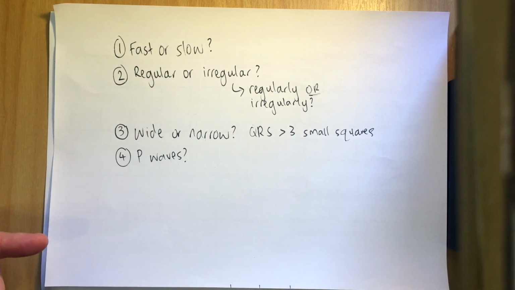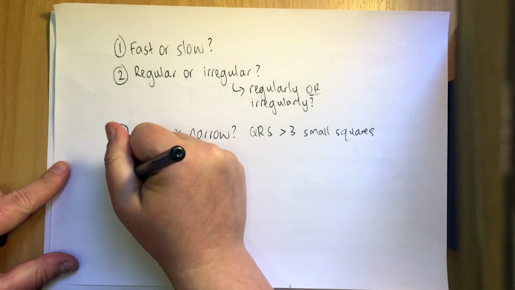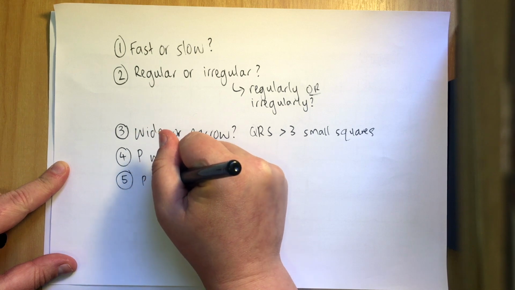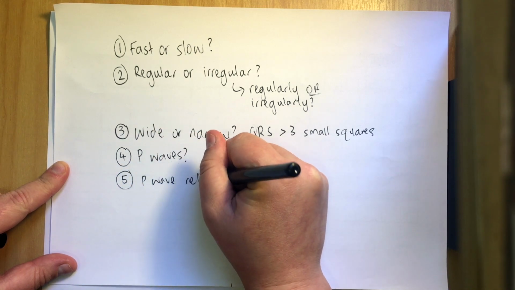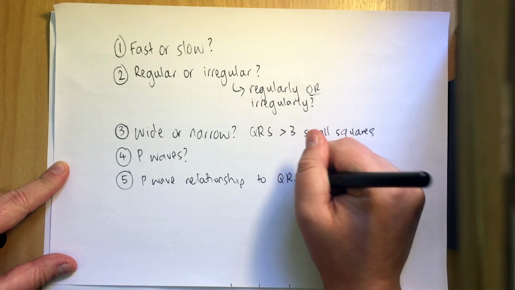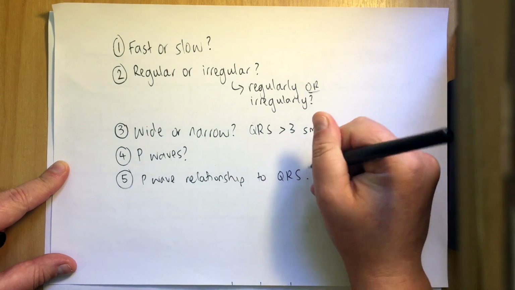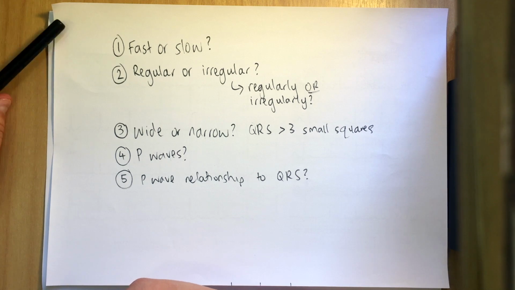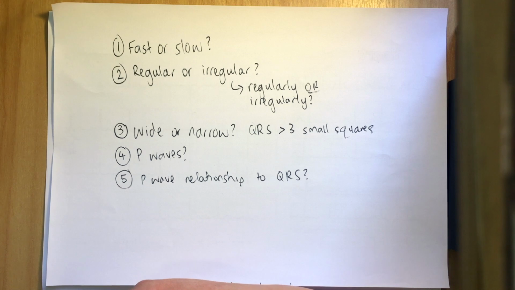So are there P waves? And then finally, what's the relationship of the P waves to the QRS complex? So is there a P wave for every QRS complex? And that's getting into things like heart block. And we'll have a little bit of a talk about that in a later video as well.